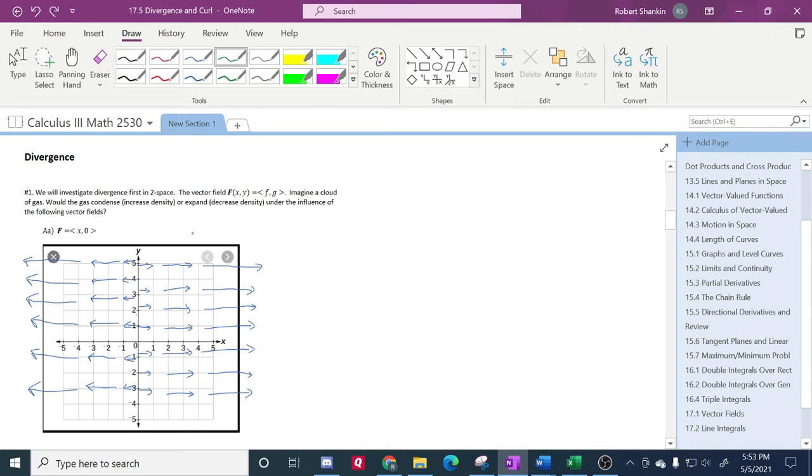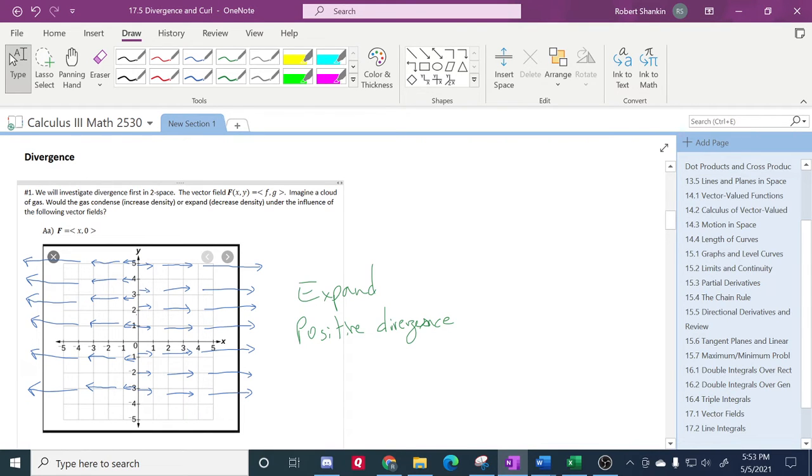That's right. So this one is going to expand. Now we also have another name for that. We're going to call it positive divergence. Okay, so it diverges. The individual molecules get farther and farther apart from each other.